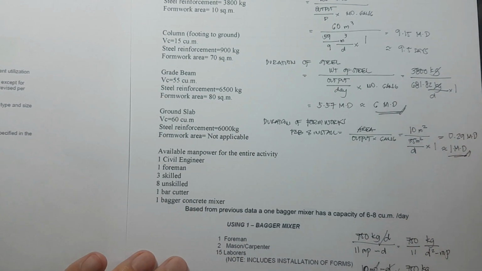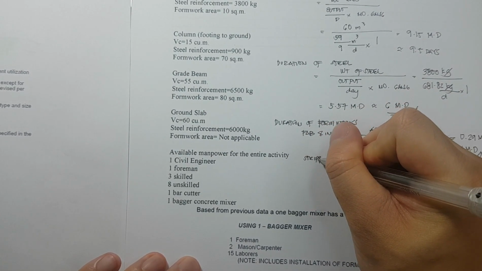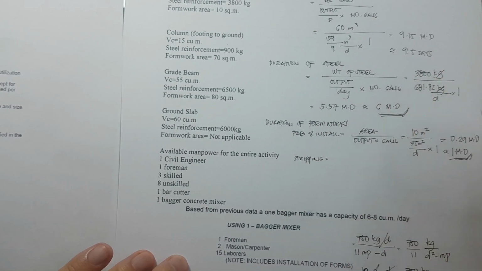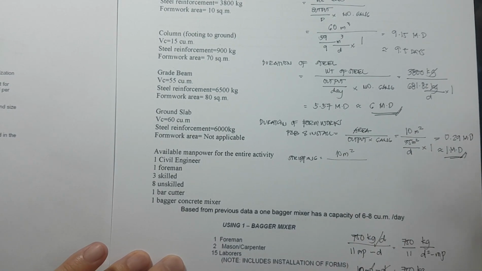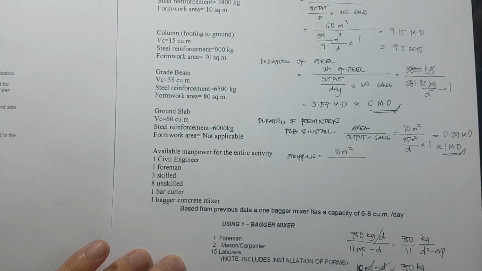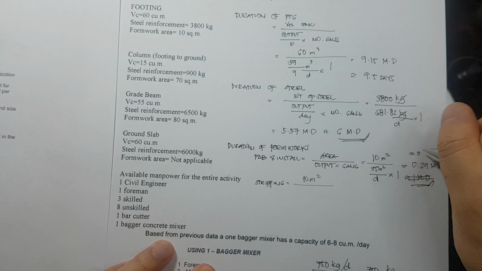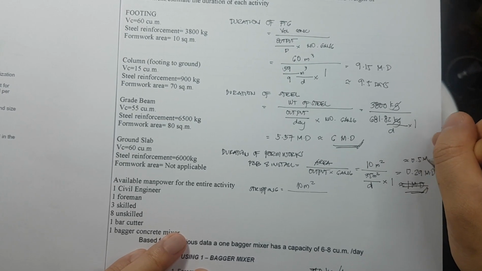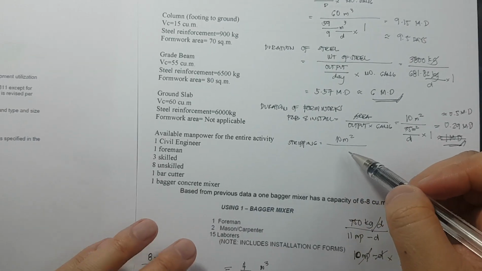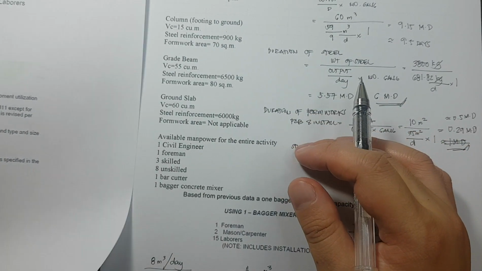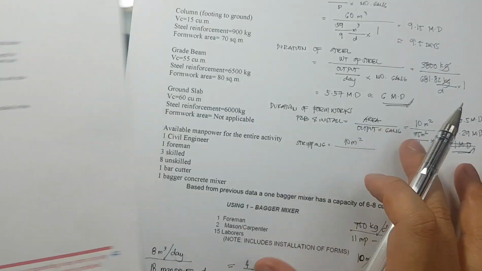Now, for the stripping, same. What is the area? It is 10 square meters divided by, no, this is not 1 man day. This is equivalent to 0.5 man day. Okay, kalahating araw lang. So, 10 divided by 65, or 60, yeah, 60 square meters per day.